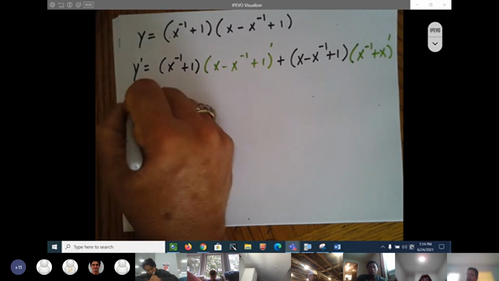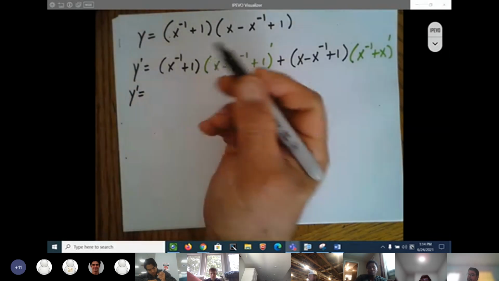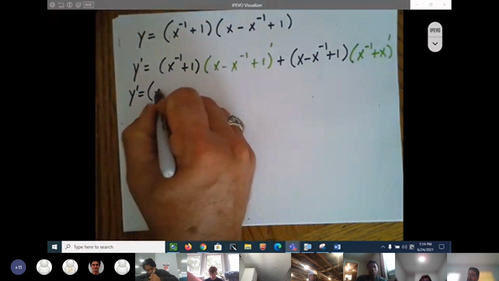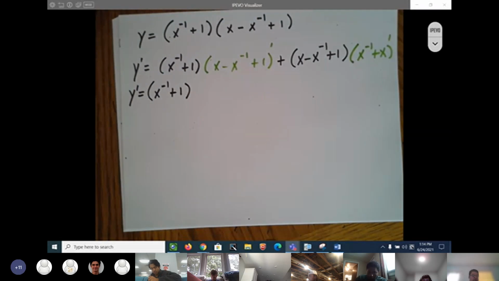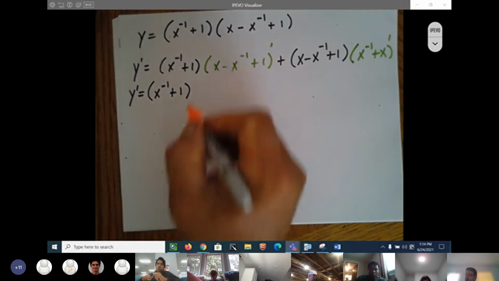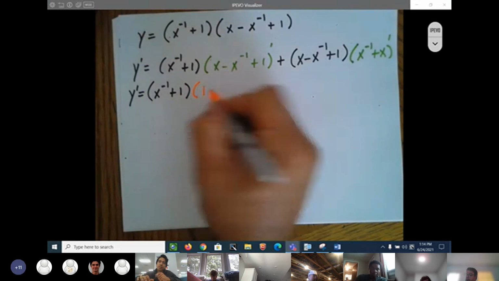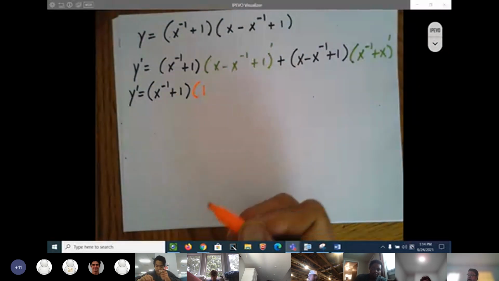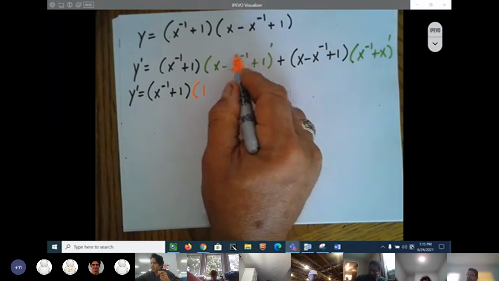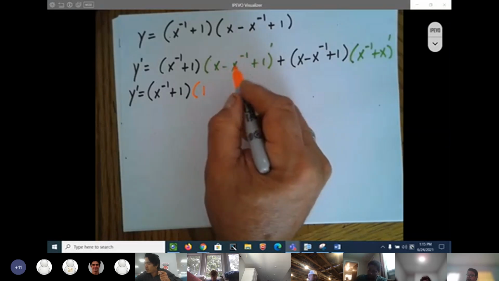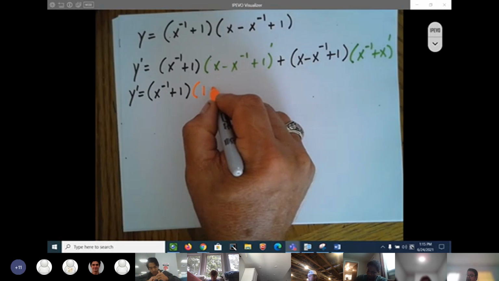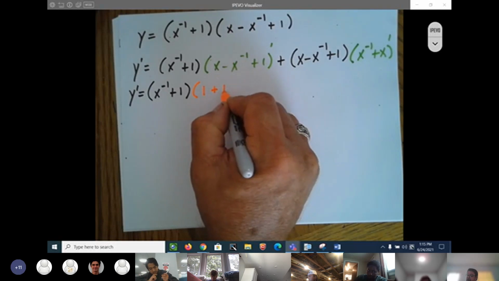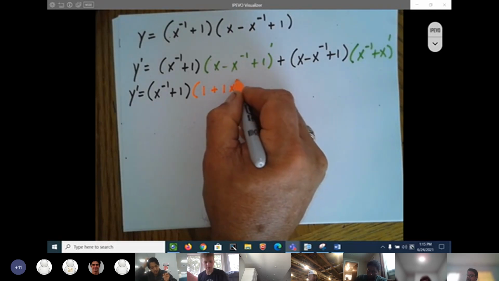So y prime is equal to x to the negative 1 plus 1. What is the derivative of x? 1. And then this is going to be positive 1x to the negative what?